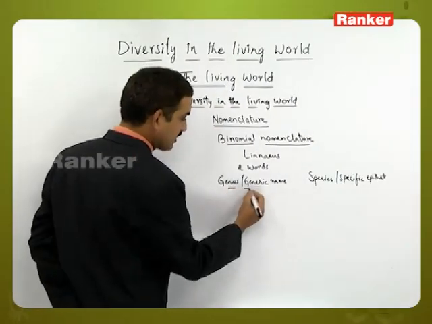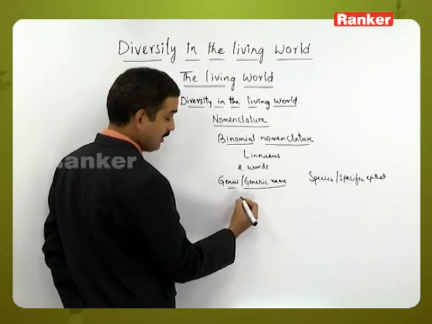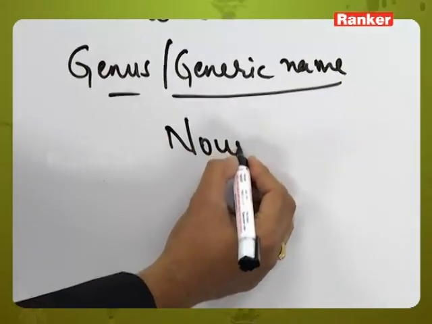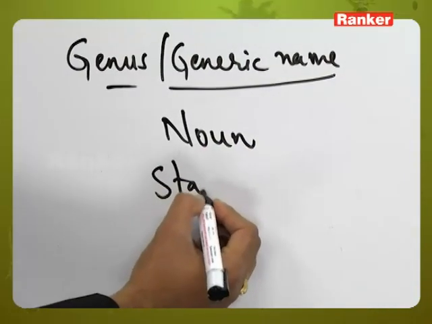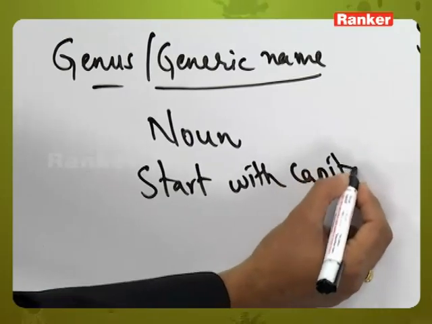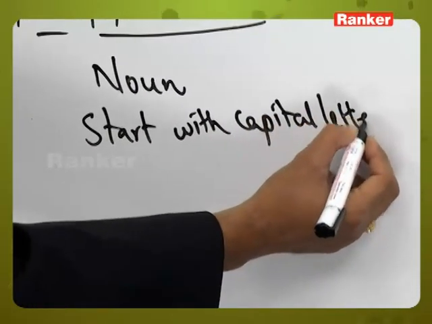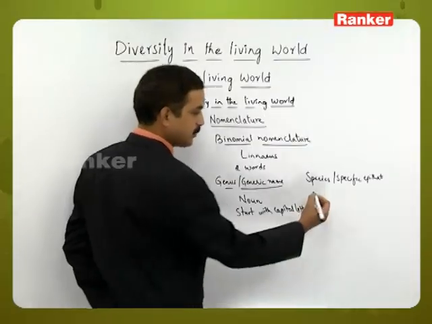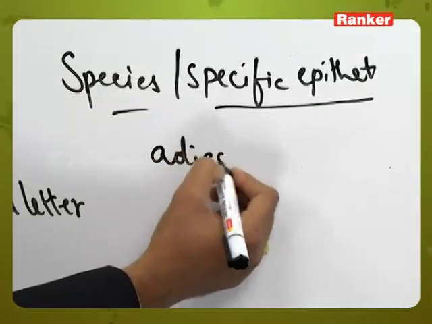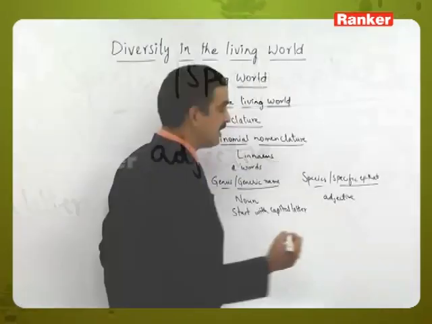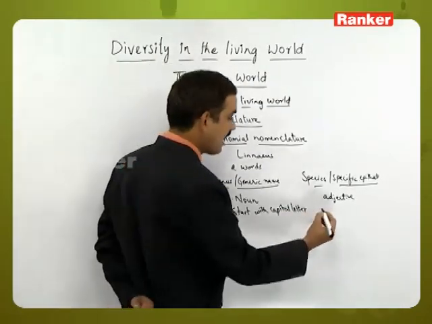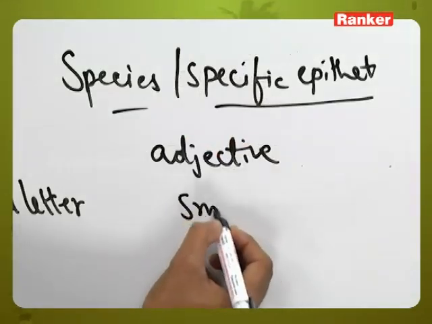The genus is the first word, in noun form, and it should start with a capital letter. Whereas the species or specific epithet will be in adjective form, which describes the characteristic feature of that particular plant species, and it should start with a small letter.